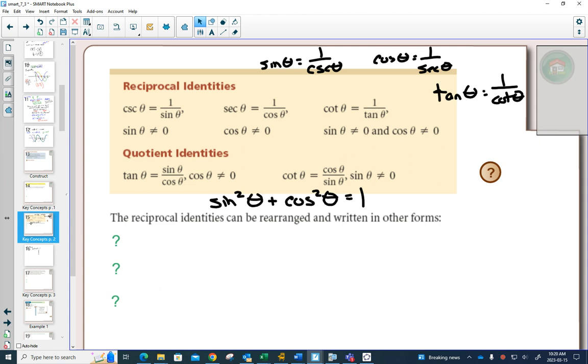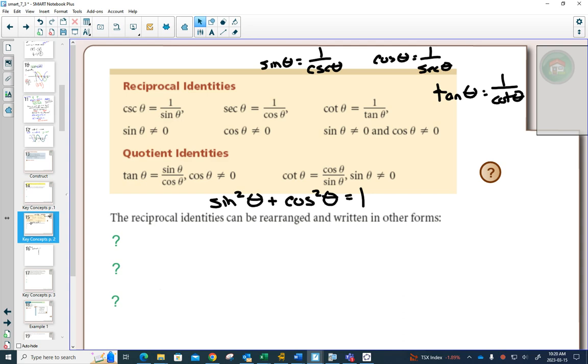If you see a cosecant, you are allowed to change it to 1 over sine. If you see a secant, you're allowed to change it to 1 over cos. If you see a cotangent, you have a choice. You could change it to 1 over tan, or you could change it to cos over sine. So you are allowed to use these things to manipulate.